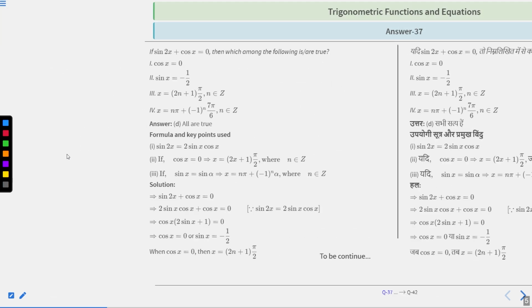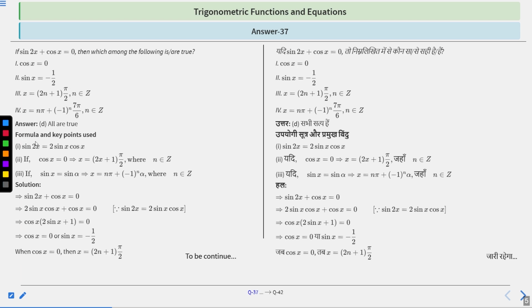Okay, let's move to the solution part. First, we will discuss what formulas and key concepts we will use in this question. First formula we will use is sin 2x. We know that sin 2x is 2 sin x cos x. Second concept is if cos x equal to 0, this implies x will be an odd multiple of pi by 2.